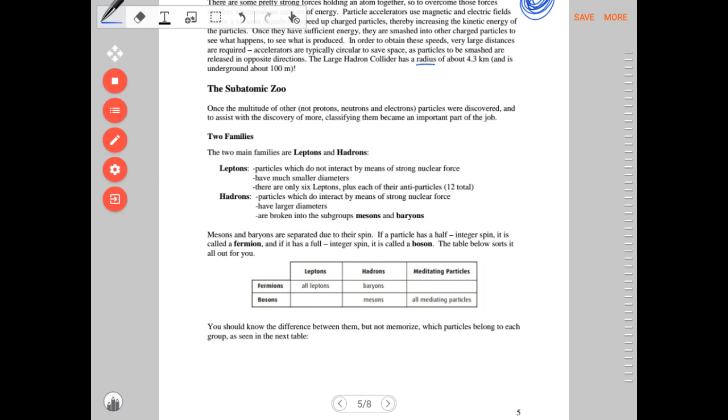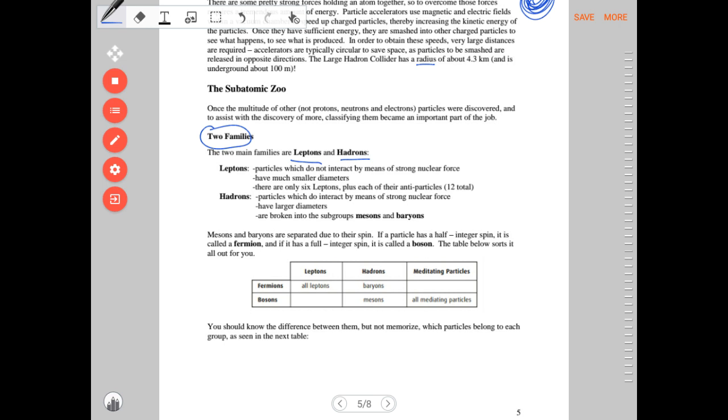In the subatomic zoo, all the subatomic particles, there are only two families: leptons and hadrons. Leptons are particles that do not interact by the strong nuclear force.